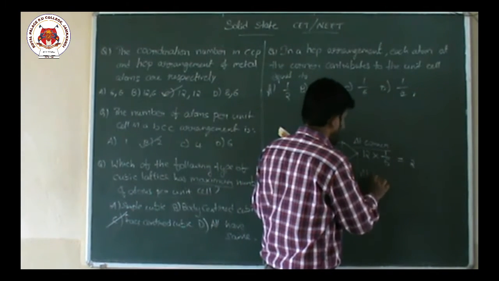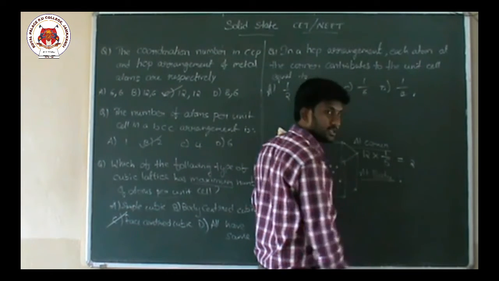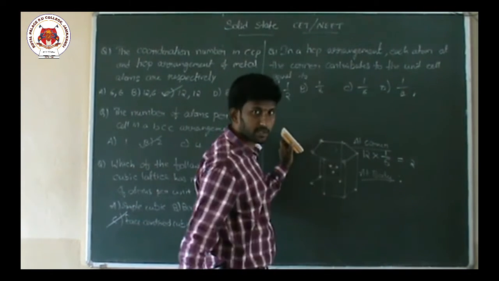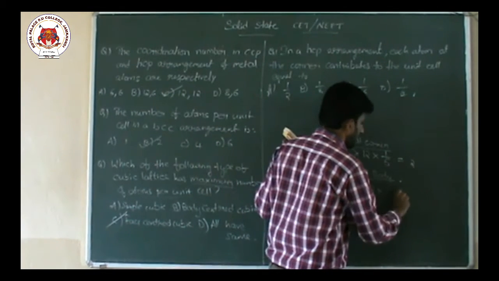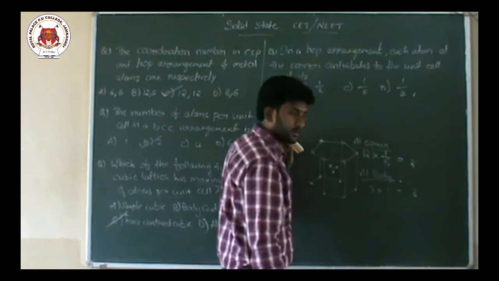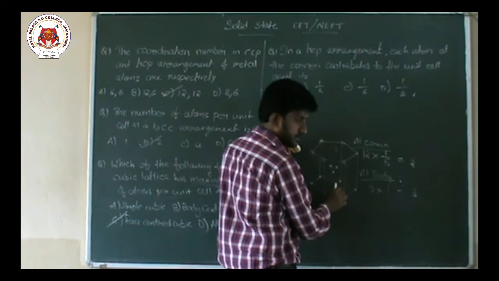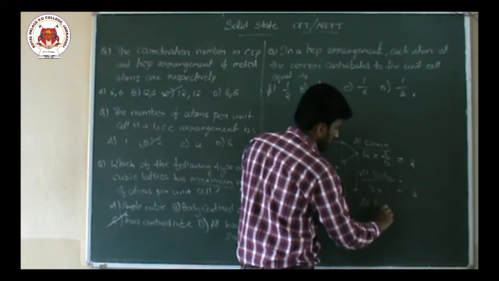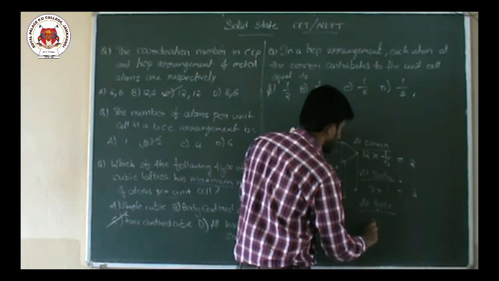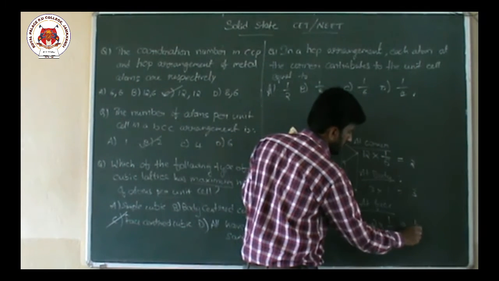Now, at the body center there are 3 atoms completely inside. So this is 3 into 1, contribution 3. Now at faces, at this face 1 atom is there, at this face 1 more atom is there. So at the 2 opposite faces, 2 into face contribution 1 by 2 is equal to 1.